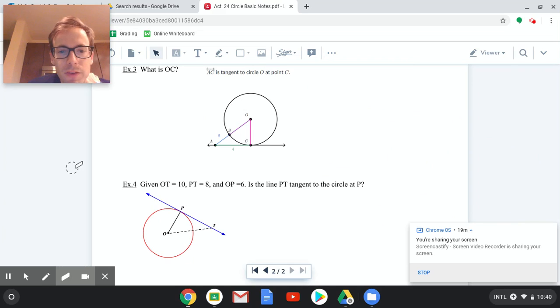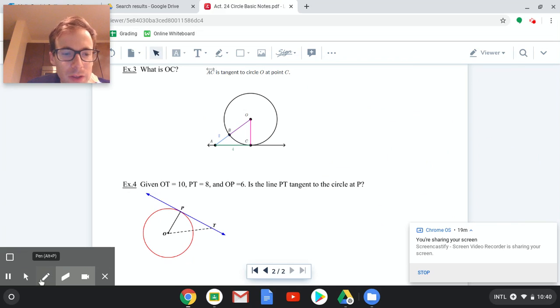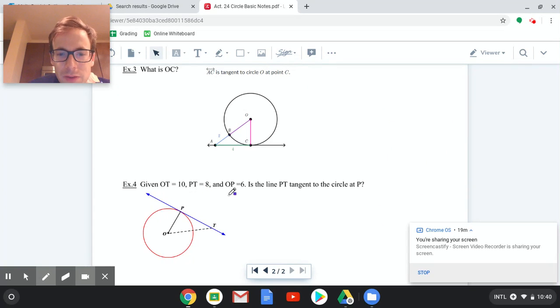Okay, so on this last example, given the measure of OT equals 10, and measure of PT equals 8, and measure of OP equals 6, is line PT tangent to the circle at point P?